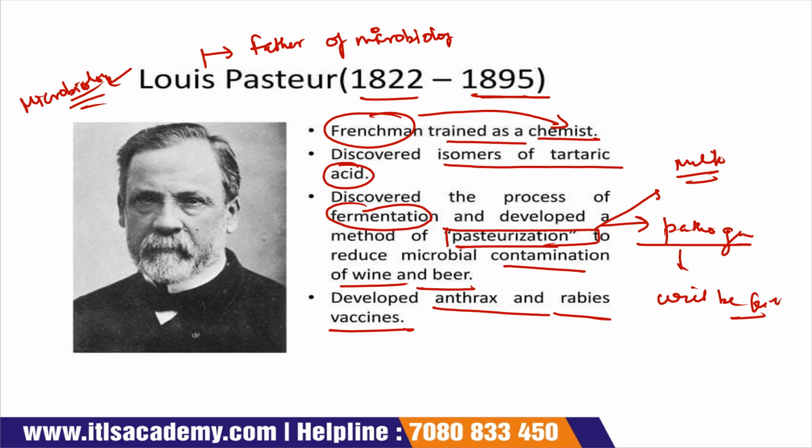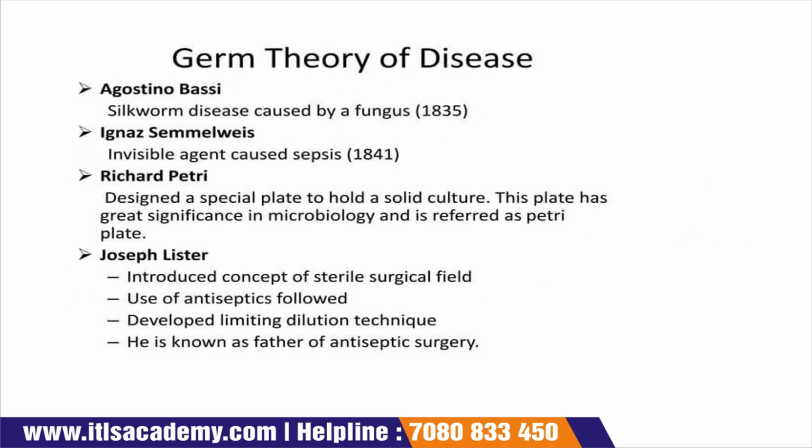Now the next is the germ theory of disease. Agostino Bassi showed that silkworm disease was caused by a fungus in 1835. Then Ignaz Semmelweis in 1841 proposed an invisible agent which causes sepsis.